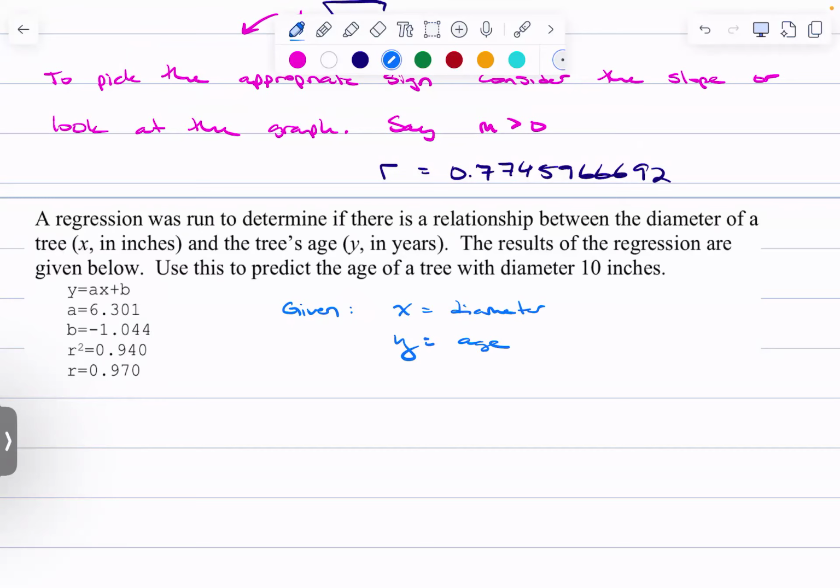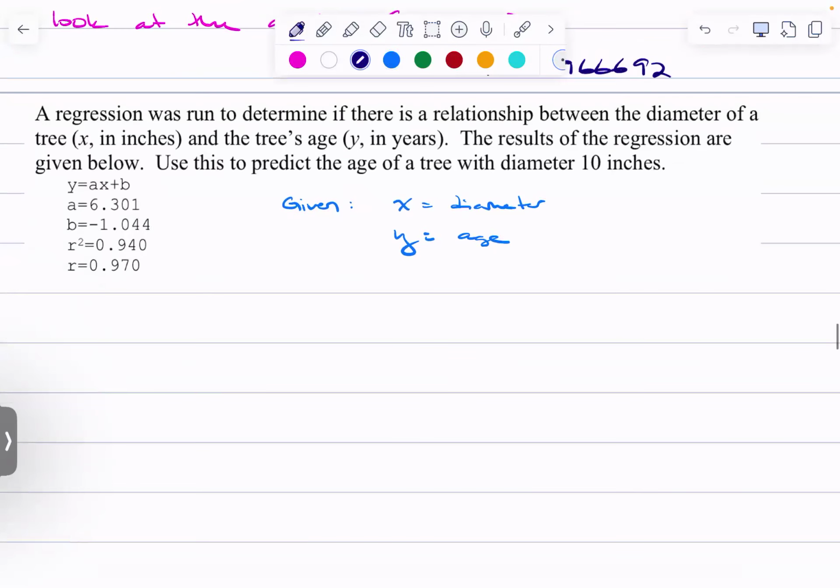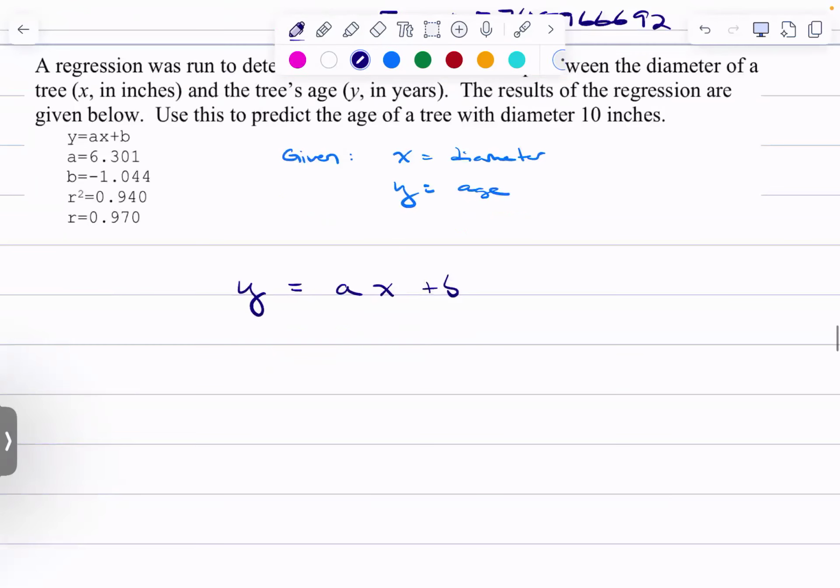We can grab what we need from this output. We can start by constructing the line y equals ax plus b. Let's replace those with some question-specific variables, just because it makes it nicer to look at. So y is the age, and a is 6.301 times the diameter. You can use A and D if you want, but it might get confusing.